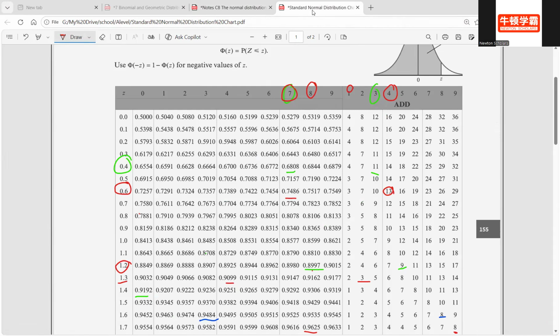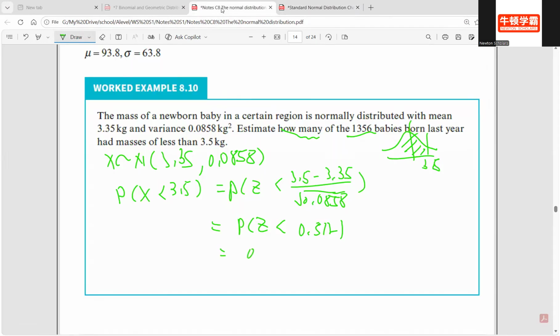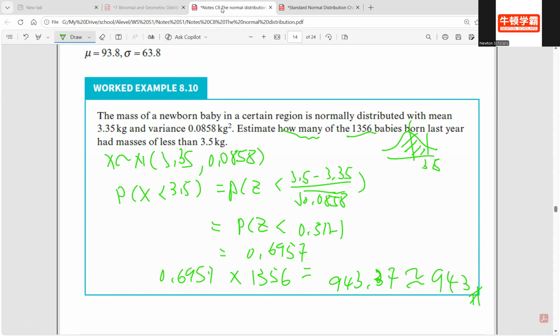Then 0.6957. So this is my probability. If I want to get my number, that means 0.6957 multiplied by 1356. I will get 943.37. Cannot be decimal, so 943 is my answer.